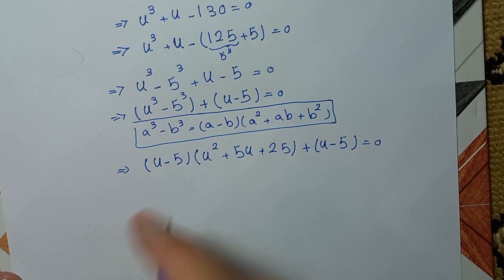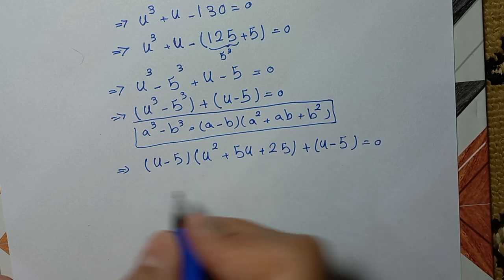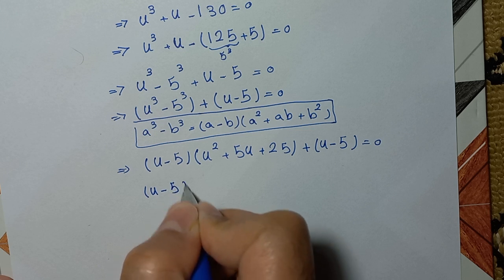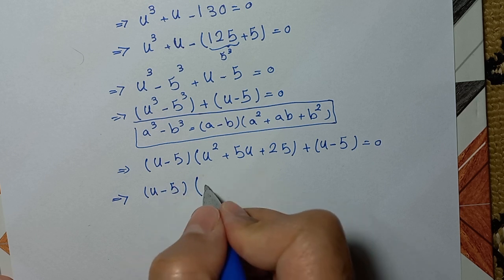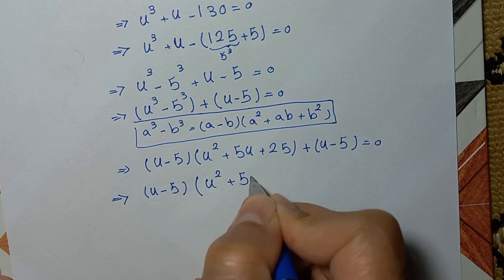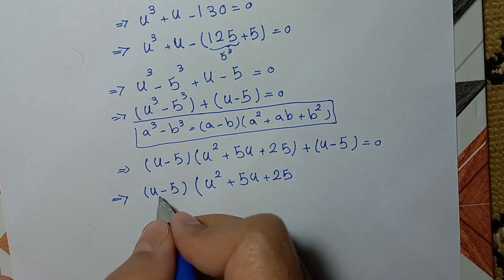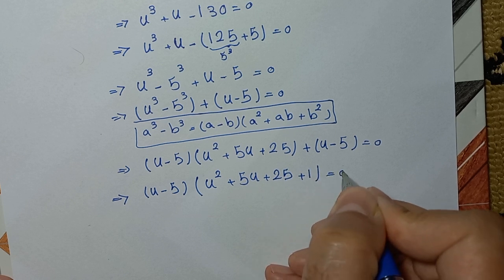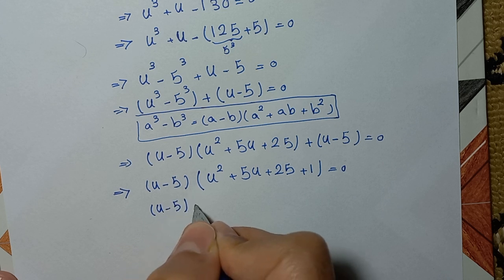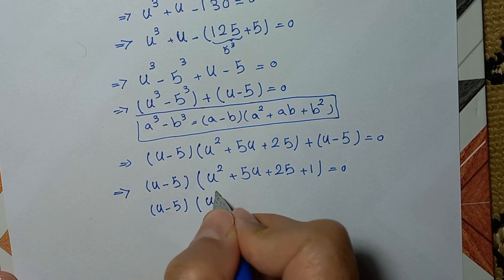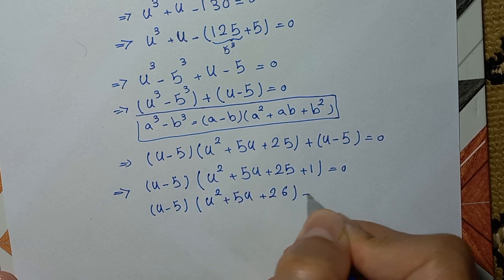So in here you can see easily u minus 5 and u minus 5 is common, so we take u minus 5 common, and from this equation, this divided by u minus 5, it will be u square plus 5u and plus 25, and this u minus 5 divided by u minus 5, it will be 1 is equals to 0, and it will be u minus 5 times u square plus 5u and plus 26 is equals to 0.